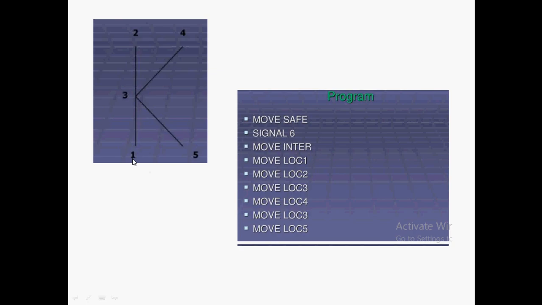Then move location 2, moving from 1 to 2, then move location 3, then location 4, again move location 3, and then move location 5. In this way the work is performed in a straight-line manner.